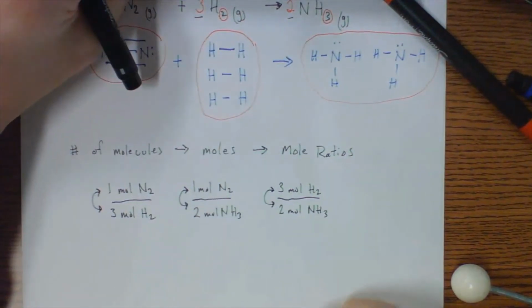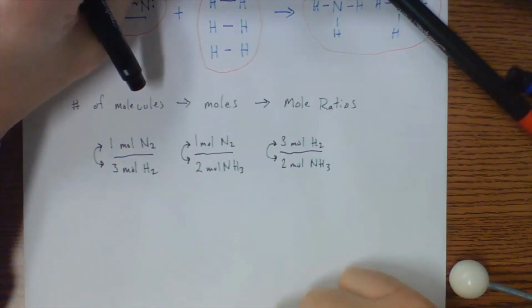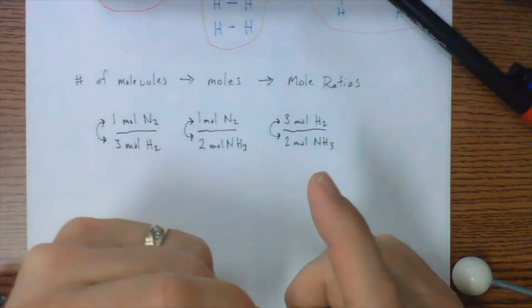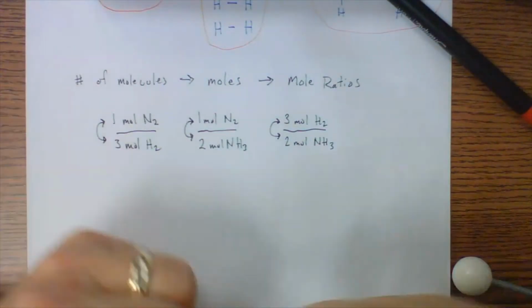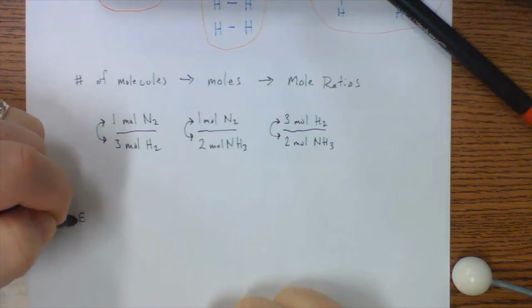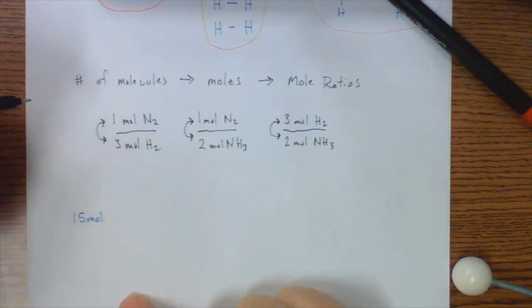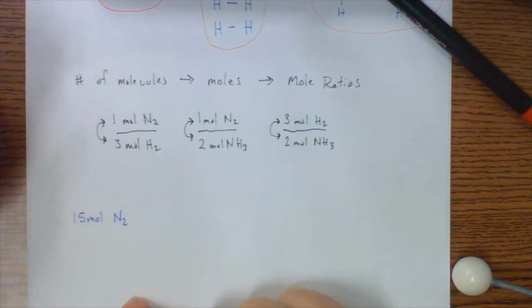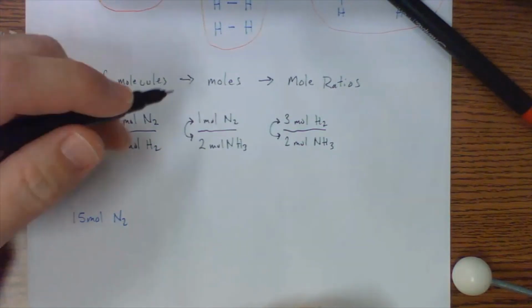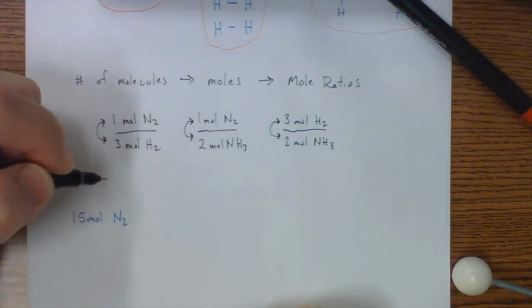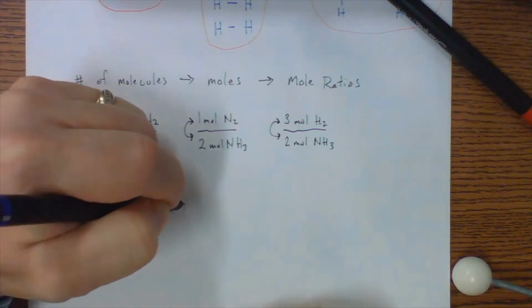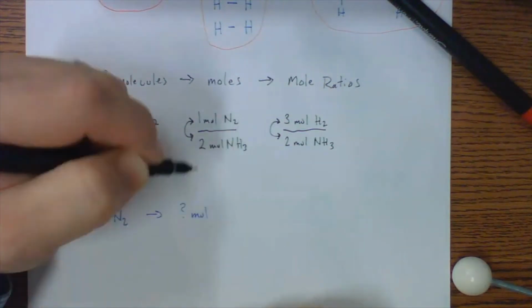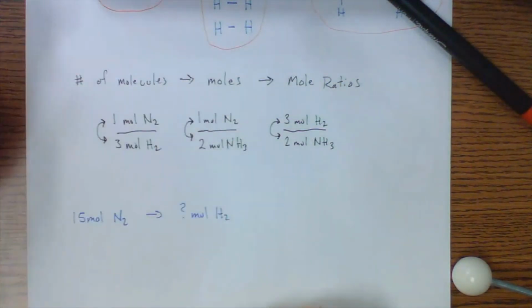So let's go through an example problem. Let's say I have 15 moles of nitrogen, and I need to see, well, how many moles of hydrogen will I need? So my question is going to be, how many moles of hydrogen will I need?